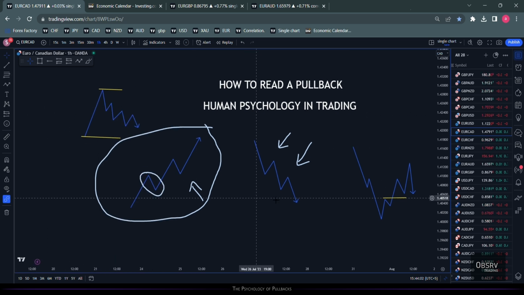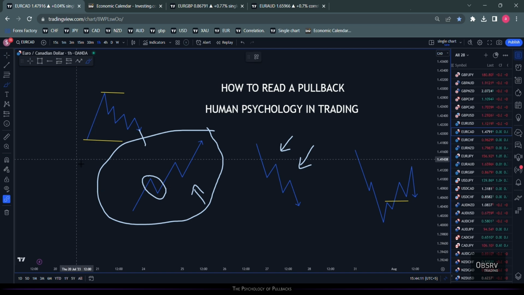We all remember that. As long as you do not go below this, it's still this buyer's territory. Remember this word, okay? It's going to be this buyer's territory as long as you're above this.